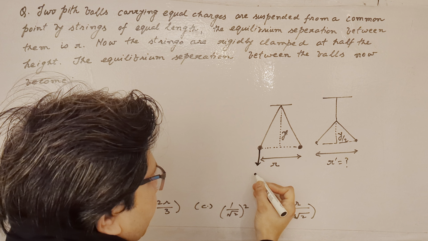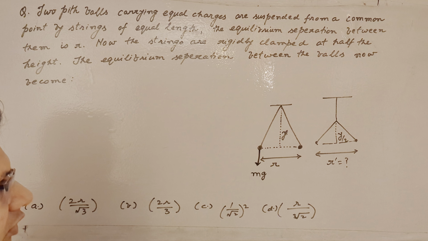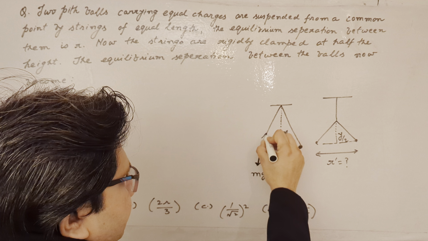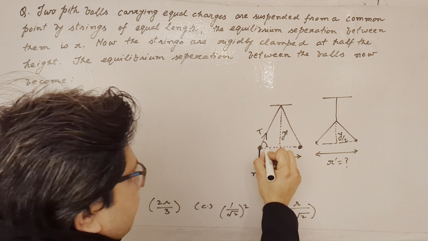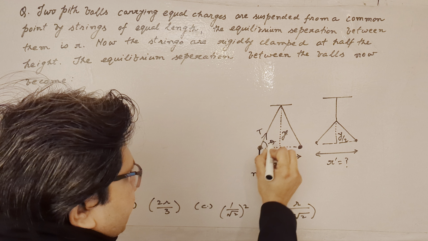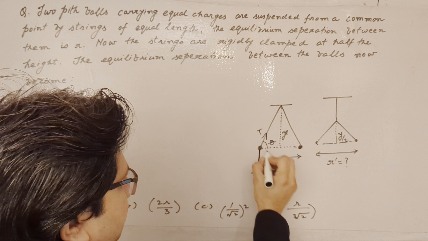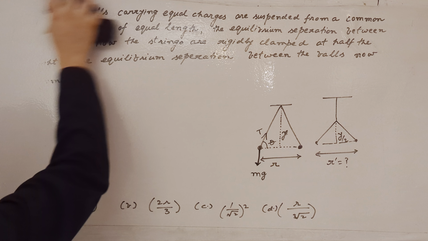The force mg, which is the weight, the gravitational force, acts downwards. The tension is T in this string, suppose, and let us call this angle theta. Then for this situation, we can draw the free body diagram.